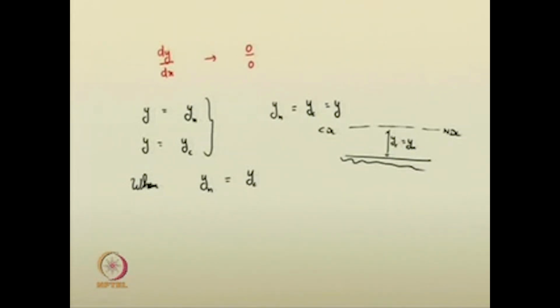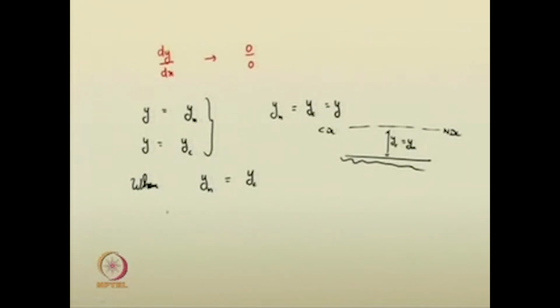Due to y c and y n becoming the same, it will lead to a concept called transitional depths. That is, if the normal discharge as well as the critical discharge is the same for a particular channel for a given condition, then that will yield transitional depths.